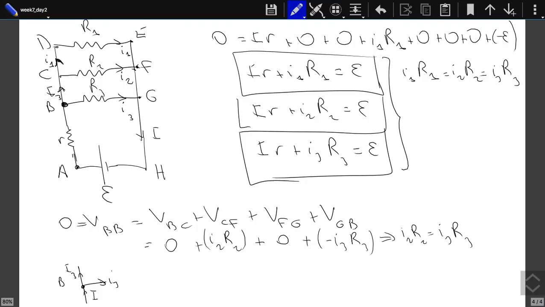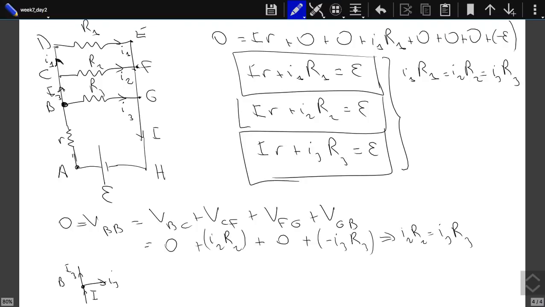We said that the current is nothing but the charges per unit time. That's how we define the current. So if we wait a unit time, the total amount of charge that enters this point is I. In the same unit time, the amount of charge leaving this point is capital I3 and small I3.